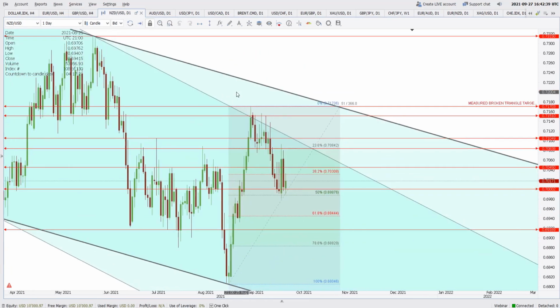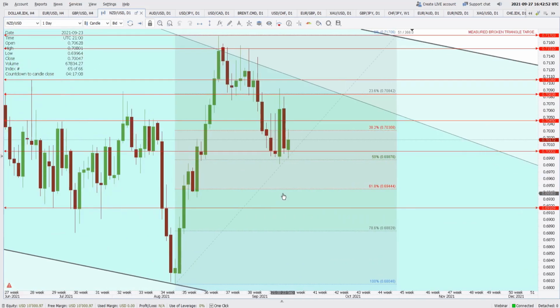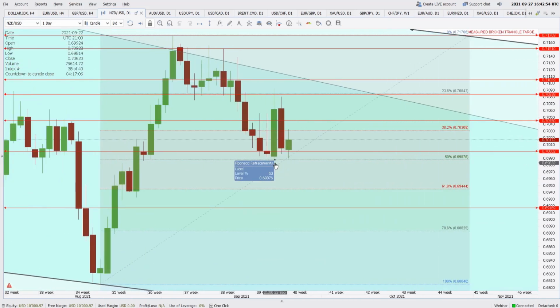Talking about the New Zealand dollar against the US dollar, on Thursday we saw the price coming back to 50% of this rise here, and then a lot of buyers started jumping in, and made a high of around 0.7092, only around 7 to 8 pips shy of 0.7100.